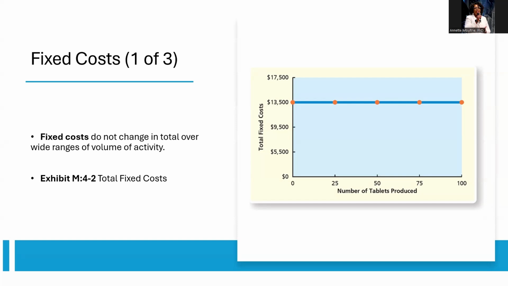Now, these costs do not fluctuate based on the number of tablets produced. So each month, the company incurs $13,500 in fixed costs, regardless of whether it produces 0 or 100 tablets.